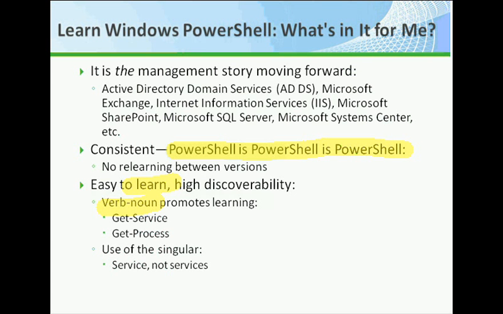The noun is what the action is going to take place against. Is it going to be a service? A process? An AD user, a mailbox, a database? Those things help us with this. So as I mentioned, we have Get-Service and Get-Process, and these things work out pretty cool.